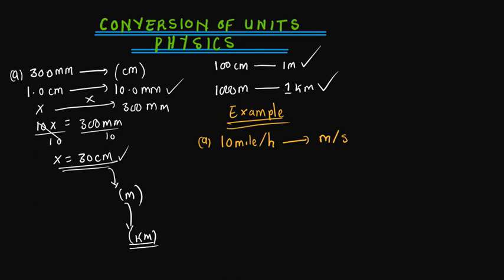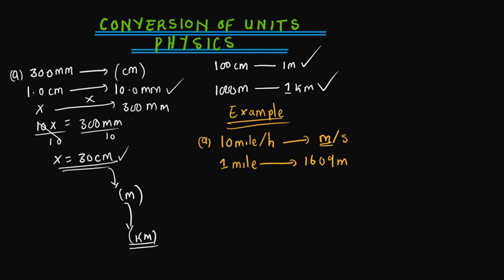How do you go about this? Now, one thing that you need to know is this. 1 mile is equivalent to 1609 meters. Remember, main key interest is in meters.